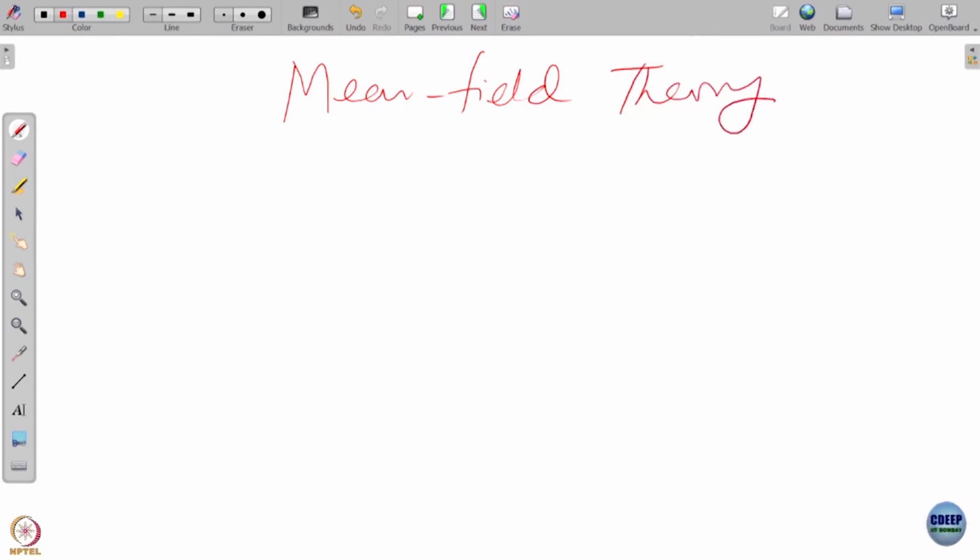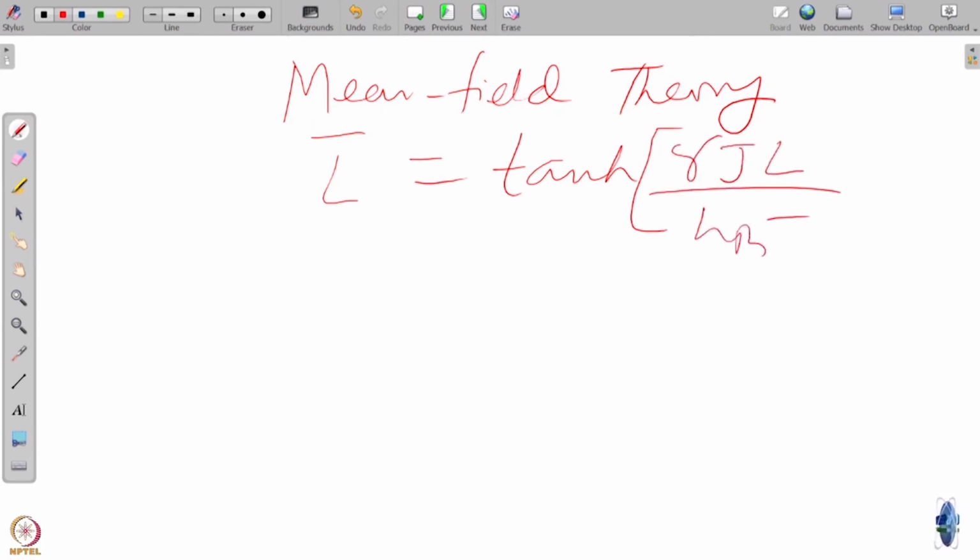So, what did we achieve? We got a beautiful equation for L average, and we also got a similar equation in the presence of the magnetic field, which is a little bit more complex, not too much.